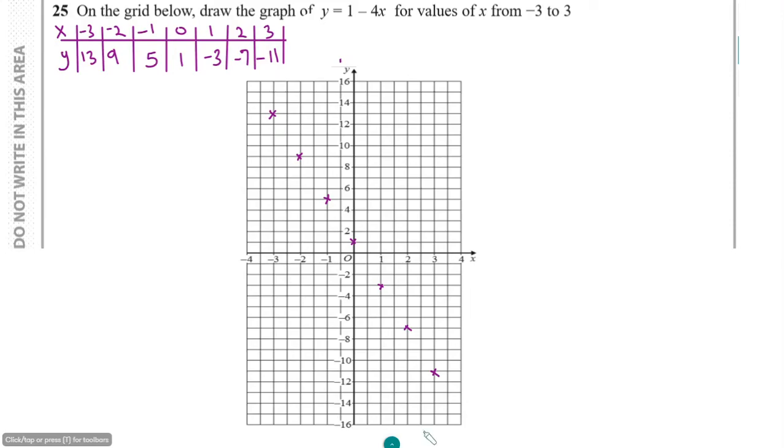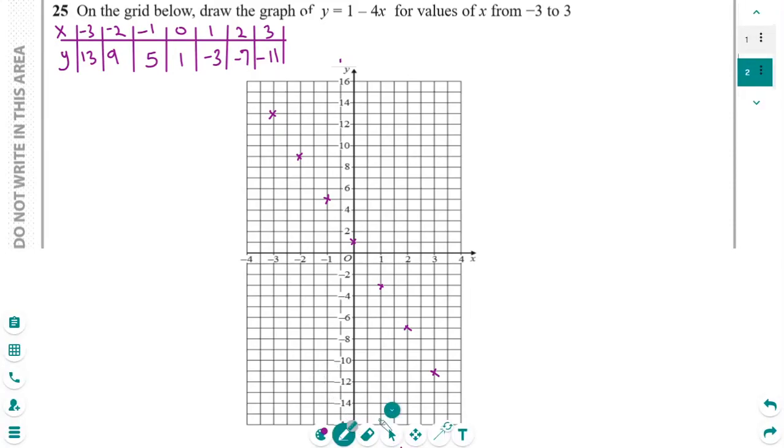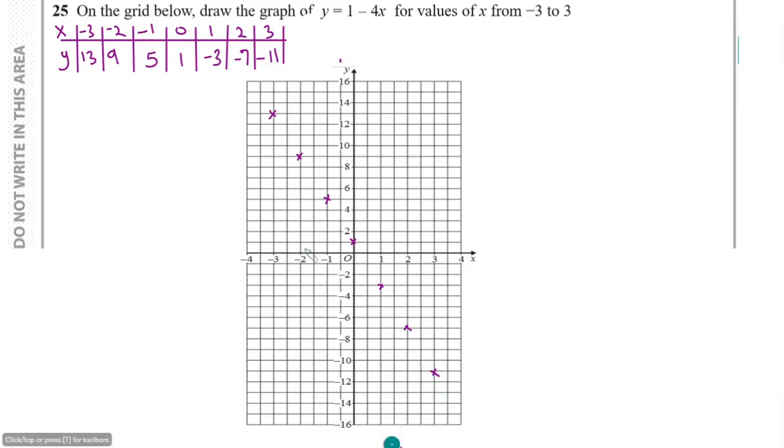So what I'm going to do now is connect my crosses with a straight line. I want to make sure the crosses line up on a straight line. Okay, mine is kind of okay.